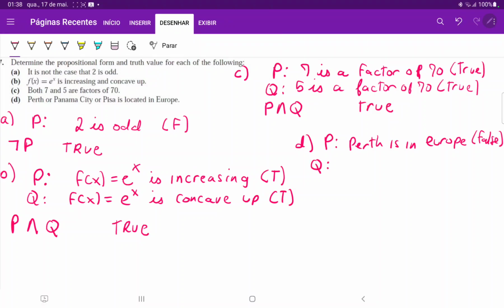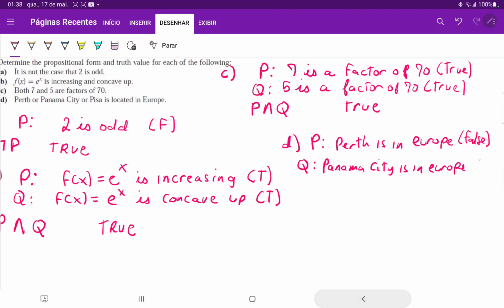We have Q, Panama City is in Europe. And this is also false. And lastly, we have R, Pisa is in Europe. And this one is true.